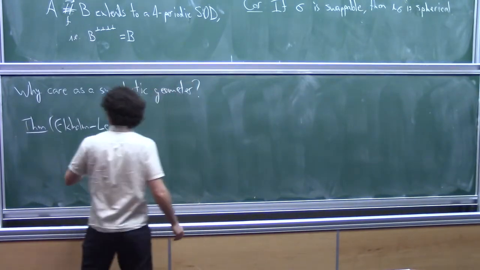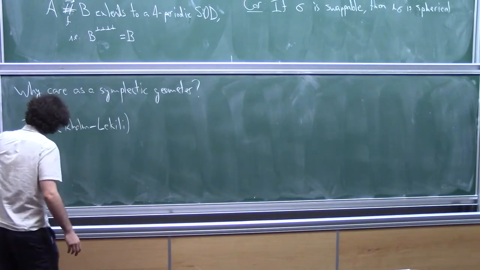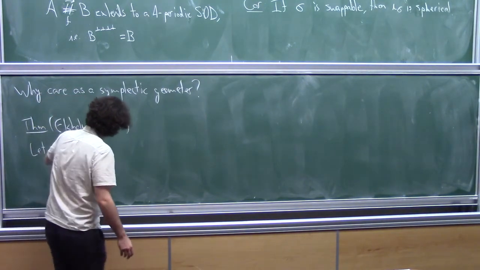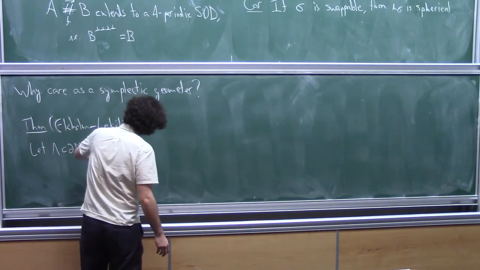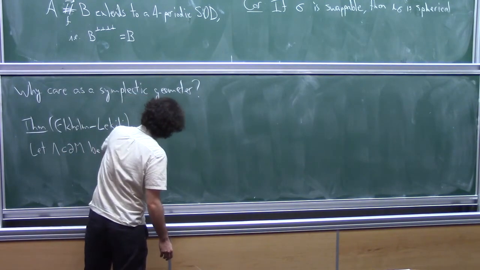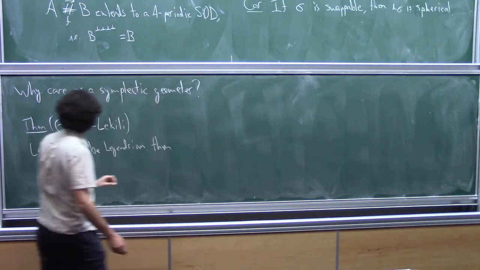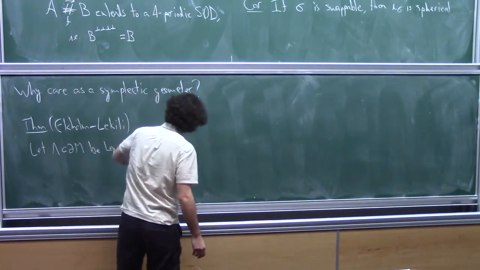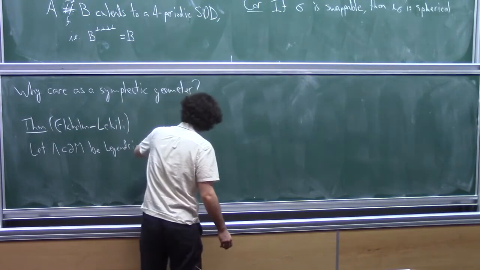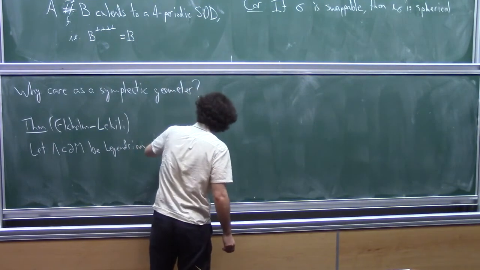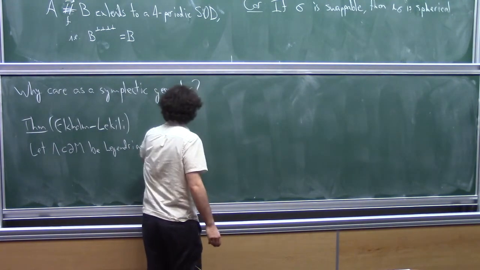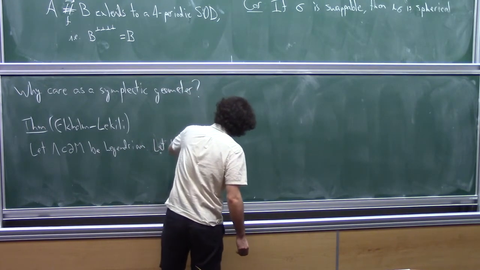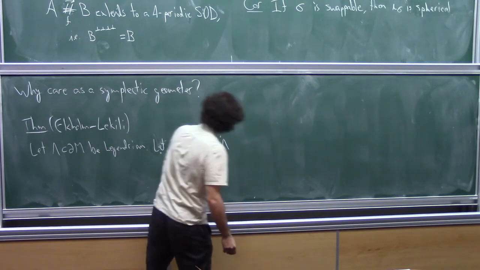So their theorem says that, let lambda in the boundary of M be Legendrian. Let L in T star lambda be a cotangent fiber.